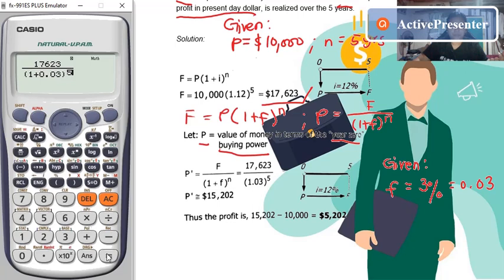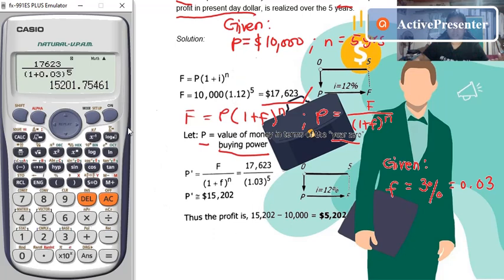So our P, the present value, will be 15,201, or approximately 15,202 US dollars.